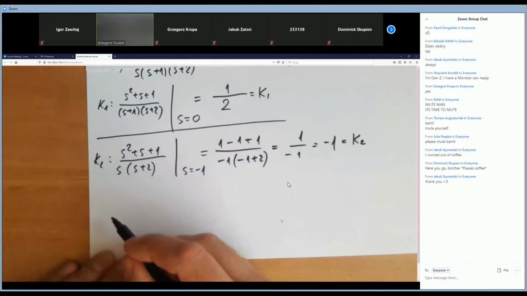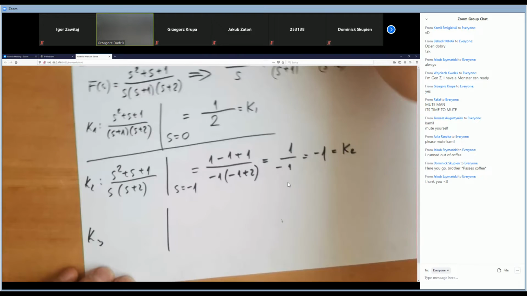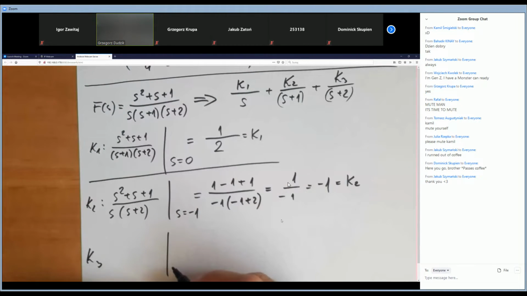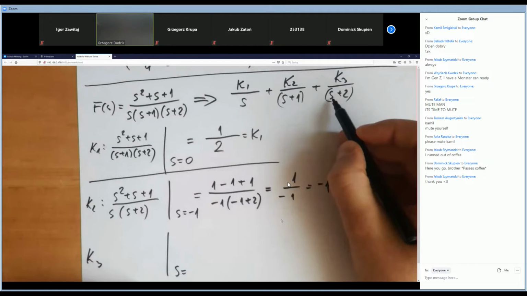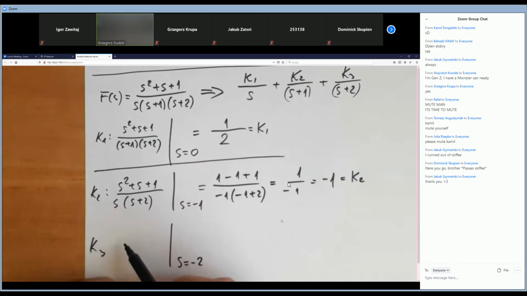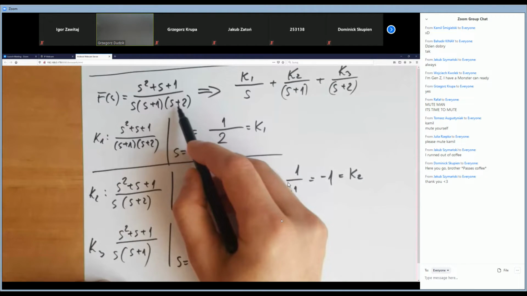And the last one, K3. K3 is connected with the s plus 2 pole. So the root for it is s equal minus 2. And our Fs function is s squared plus s plus 1 over s times s plus 1, without the s plus 2.